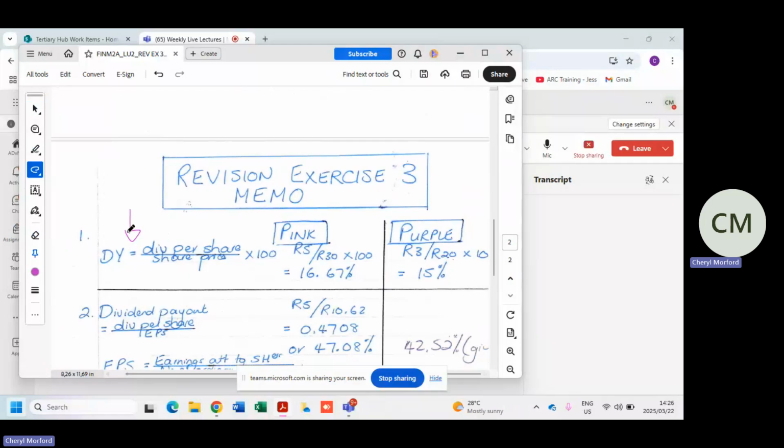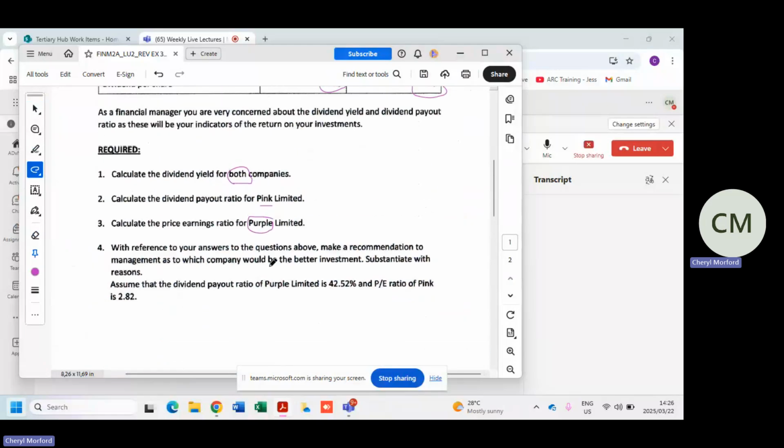So you write your formula there, and then you're going to substitute the correct values in the column. So we do this. And for Pink, we see it's 16.67%. And for Purple, the return is 15%. Nice, easy one.